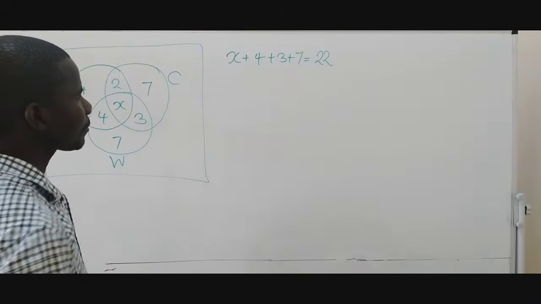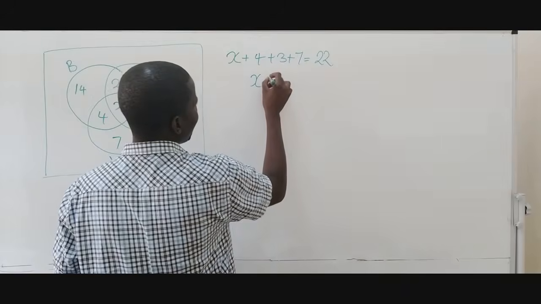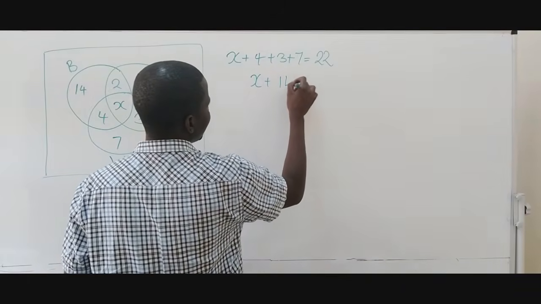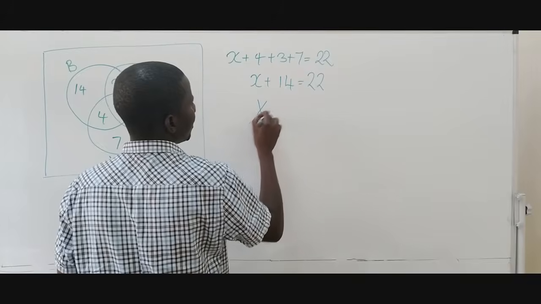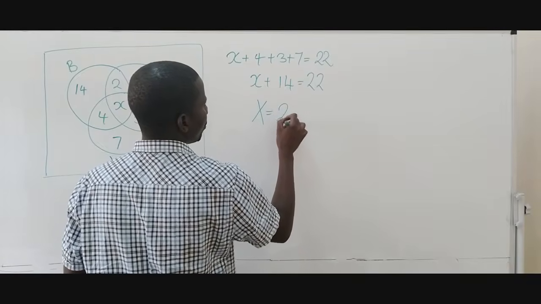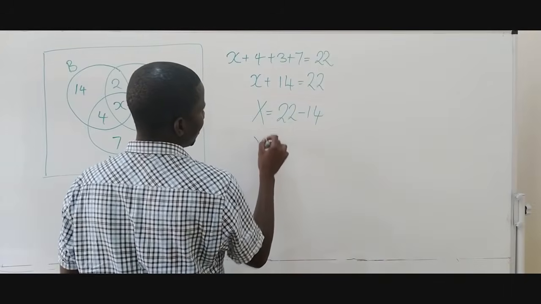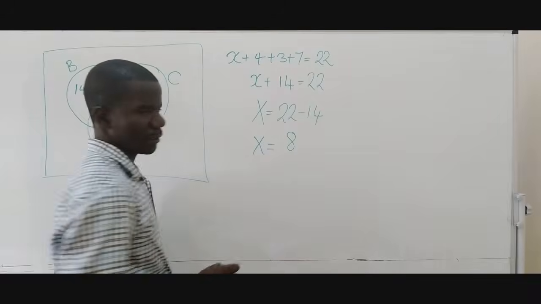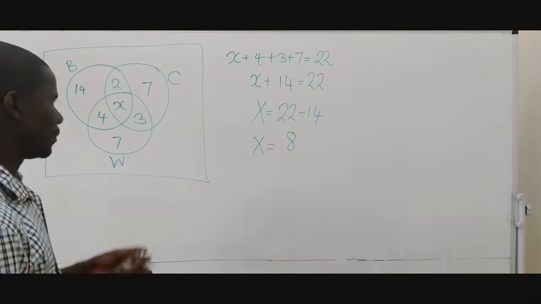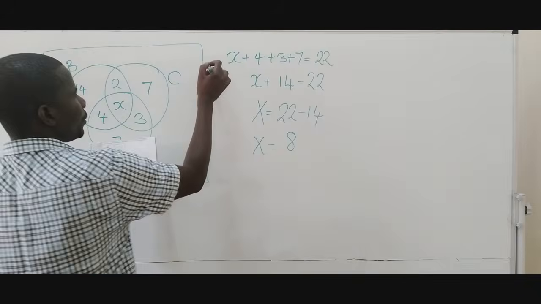This is going to give us x plus 14 is equal to 22. x is equal to 22 minus 14. x is equal to 8.